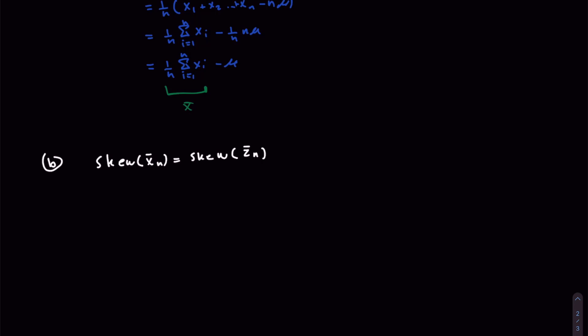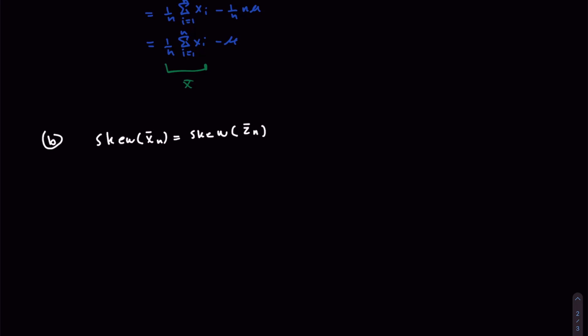Okay, so skewness of the standardized version is now, let me just move in this direction. Well, let's just do this, which is now by definition the expectation of z, and we know that the mean is 0, so I'm not going to write it out here to the left.